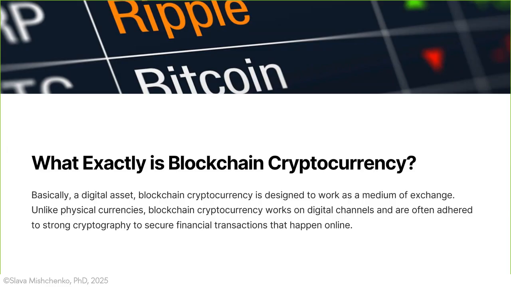And what I find particularly interesting here is how cryptocurrency represents a fundamental shift in how we think about money. For example, traditional currencies rely on central authorities like governments and banks, but cryptocurrency operates on a different paradigm entirely. It's designed to function without any central control, purely through mathematical and cryptographic principles.